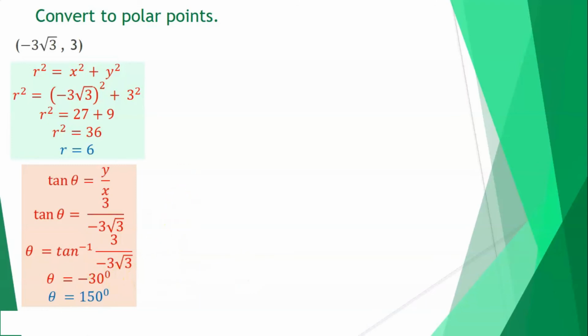So the correct value for theta is 150 degrees. So the polar point is 6 and 150 degrees. Now take note, this point is in the second quadrant. 150 degrees is also located in the second quadrant, but negative 30 is located in the fourth quadrant. That's how you fix that one.